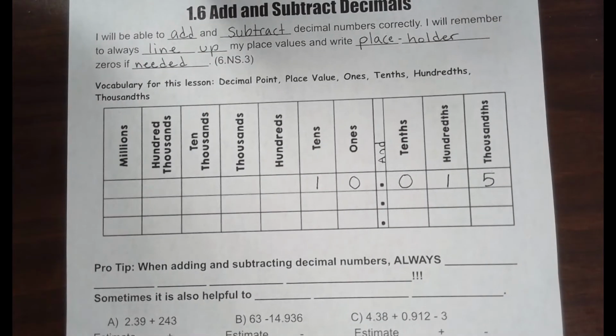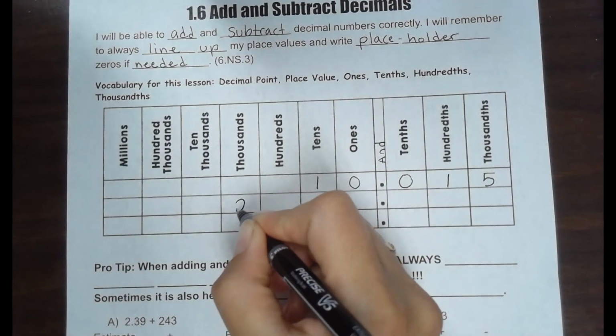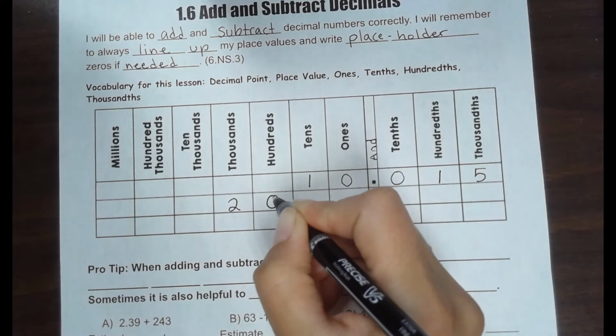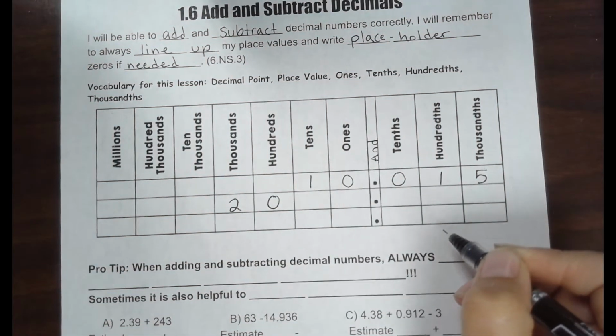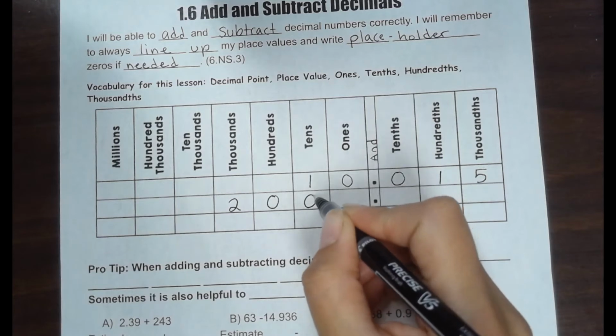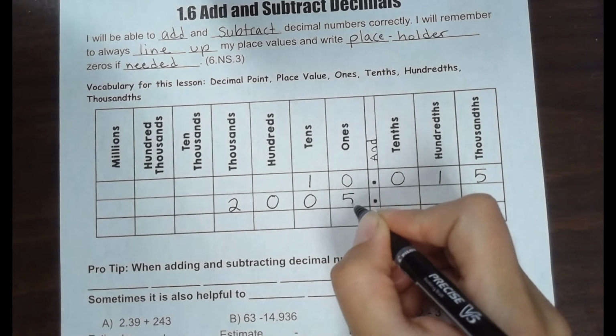Okay, what about 2005 and 2/10? 2005 and 2/10. That tells me I have 2,000s. I never said anything about hundreds, so that would be a 0. 2,000, I didn't say anything about tens. 2005, that means there are 5 ones.